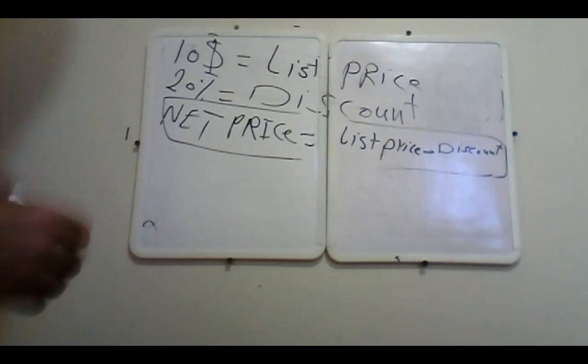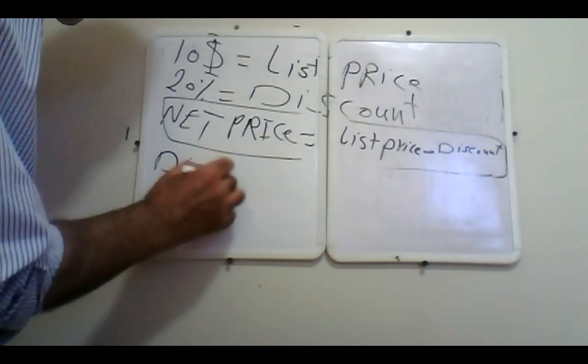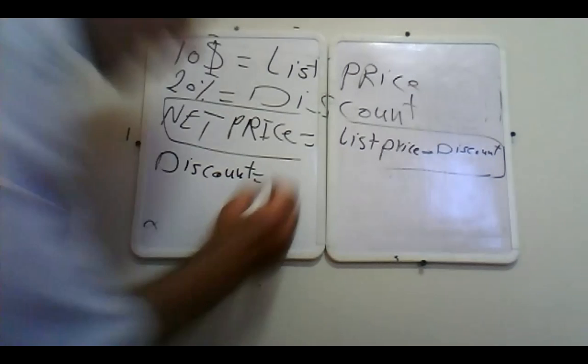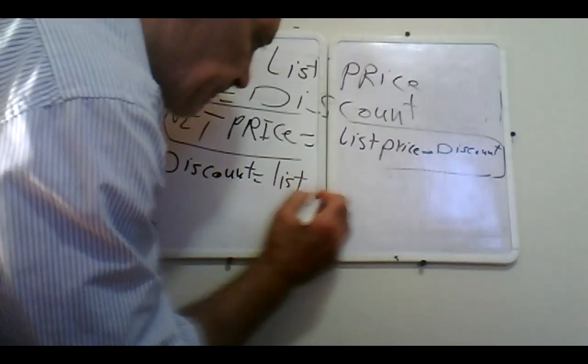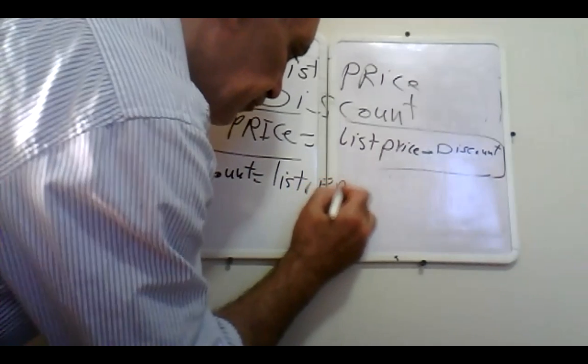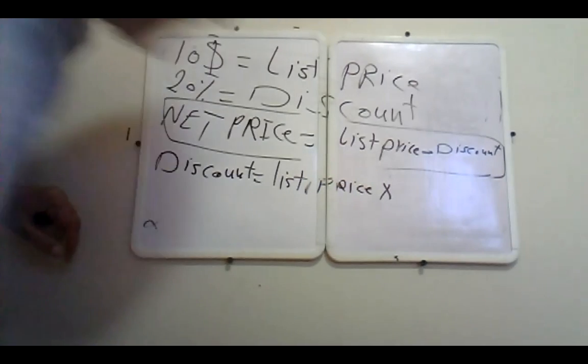Then the discount will be the list price by the rate of discount.